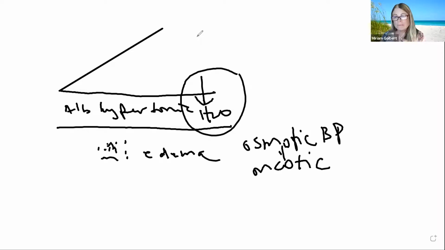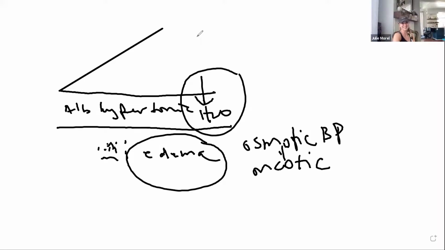No, because there's no albumin drawing the water in. There's no oncotic or osmotic blood pressure drawing that water in. Guess what happens to a patient that has proteinuria, or is losing proteins in the kidney? It has what? Dehydration. And what else? Edema. Yes.